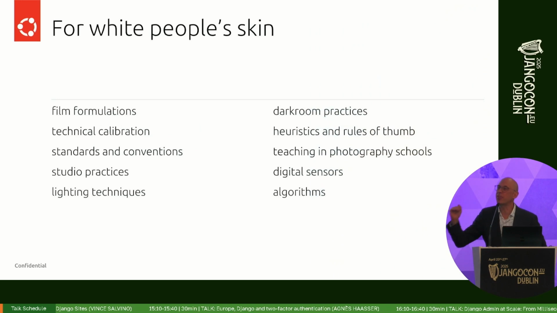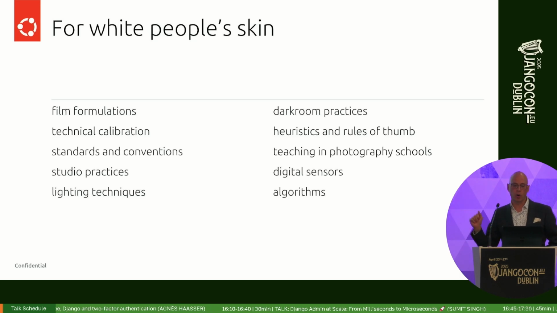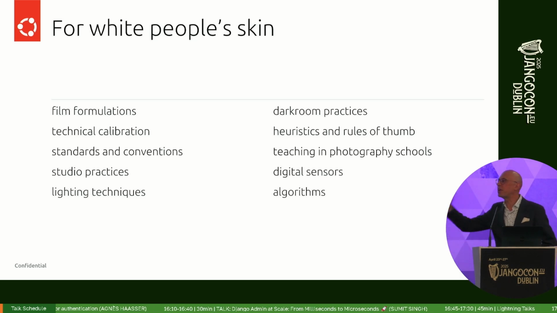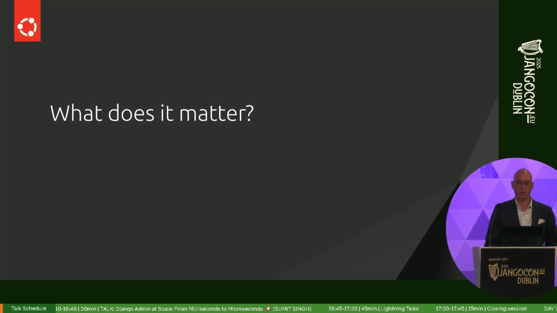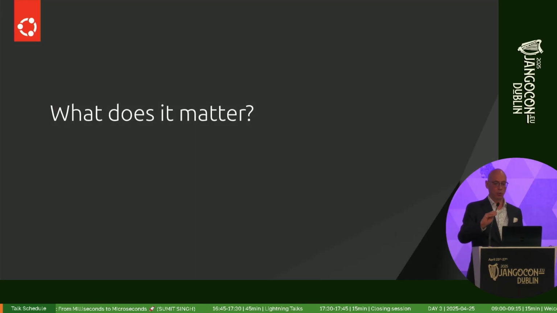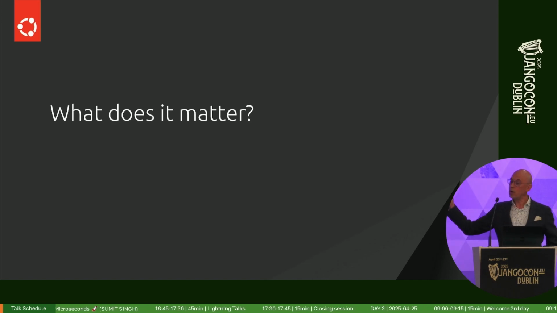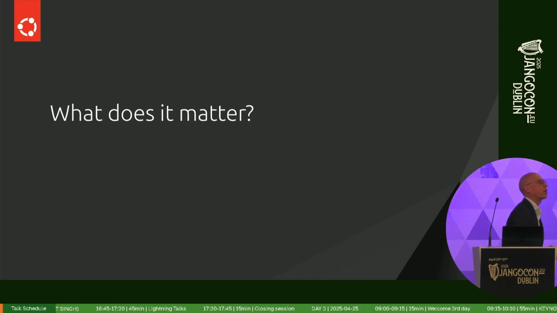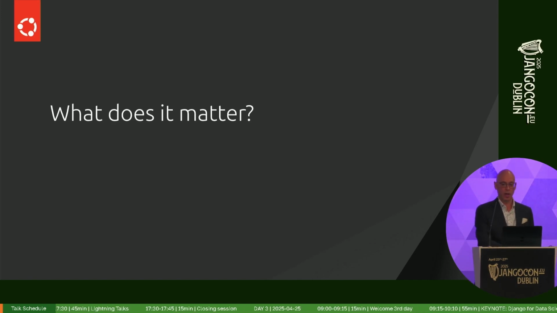In fact, everything in photography, film formulations, lighting and darkroom practices, teaching in photography schools, image enhancement and facial recognition algorithms have all been premised on white people's skin. So what does it matter? Well, generations of black school children have brought home disappointing school photographs, especially those in which they were in a minority amongst their white classmates.